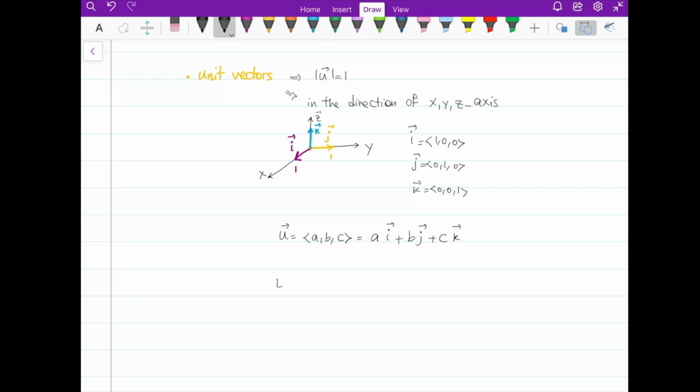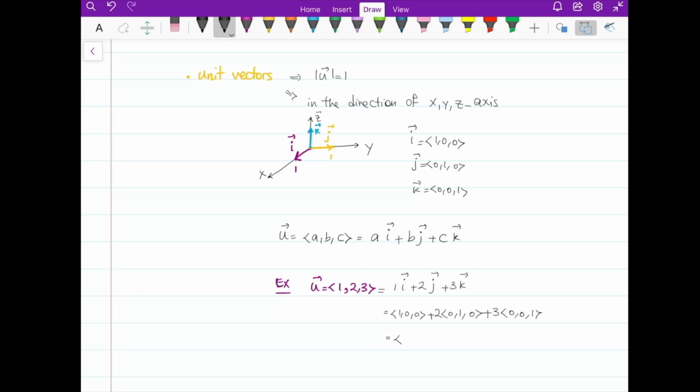As an example, the vector 1, 2, 3, I can write this as 1i plus 2j plus 3k, and then you can check. 1i would be 1, 0, 0, plus 2 times 0, 1, 0, plus 3 times 0, 0, 1.